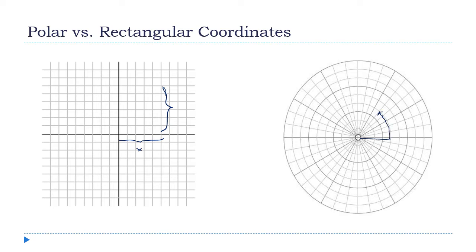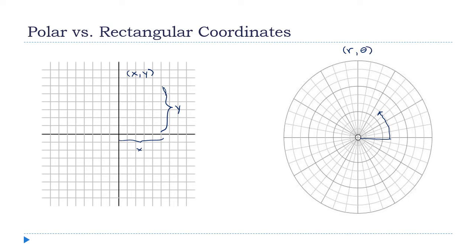So instead of doing two distances, an x and a y, like we do with our very traditional rectangular system, we're going to specify a point using a distance r and an angle theta.